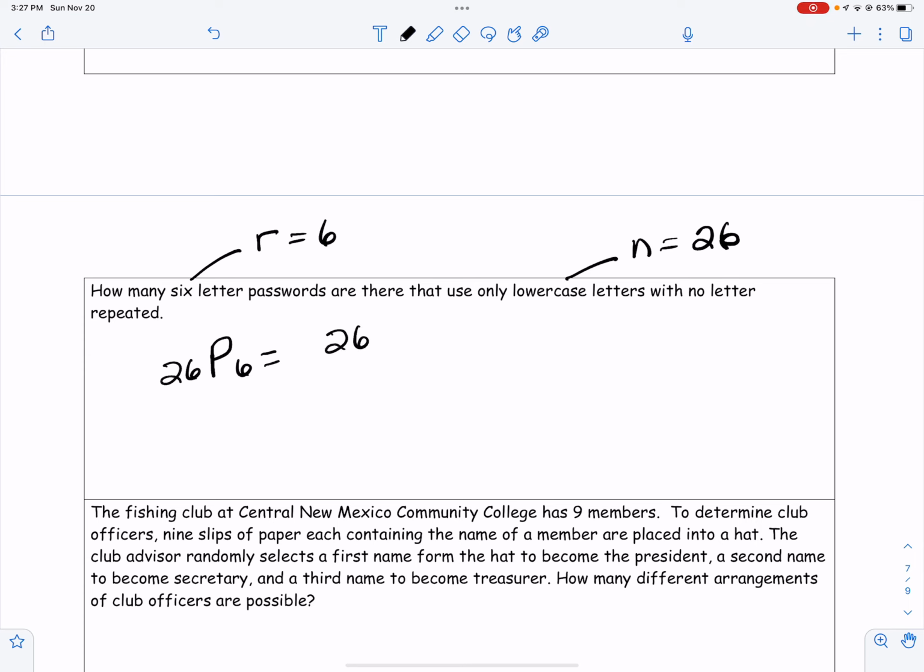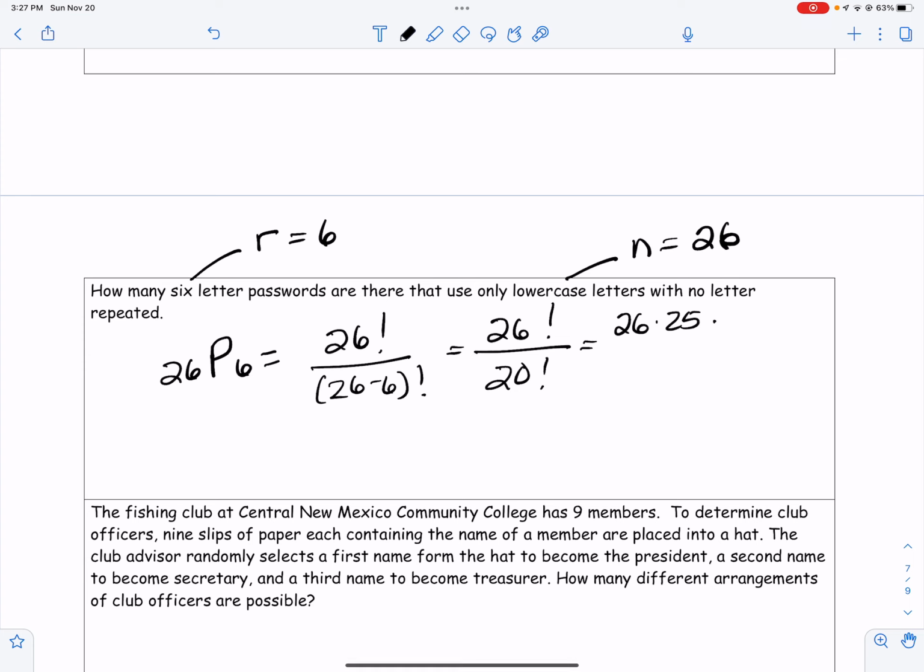That gives me 26 factorial over 26 minus 6 factorial, which is 26 factorial over 20 factorial: 26, 25, 24, 23, 22, 21, 20 factorial, all over 20 factorial, and then we can cancel these out.